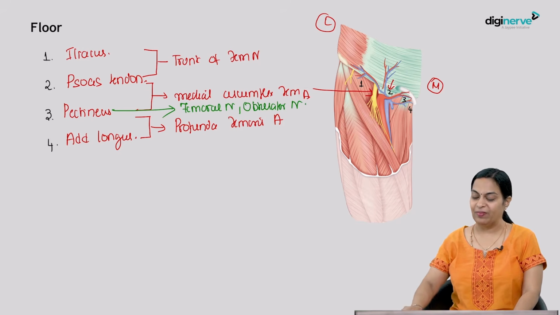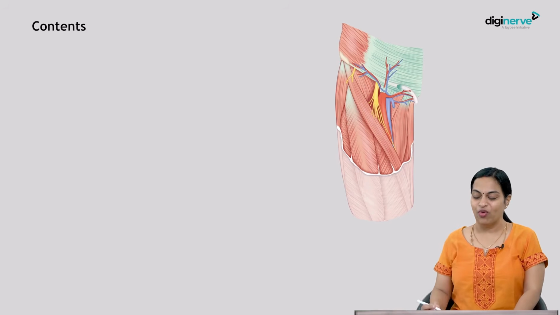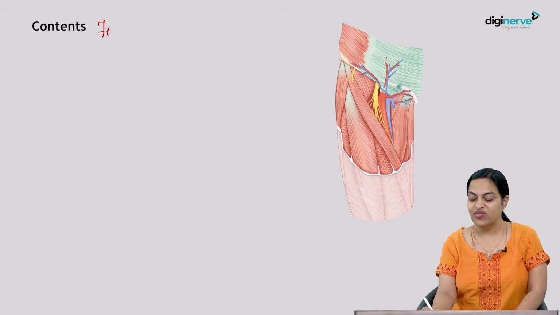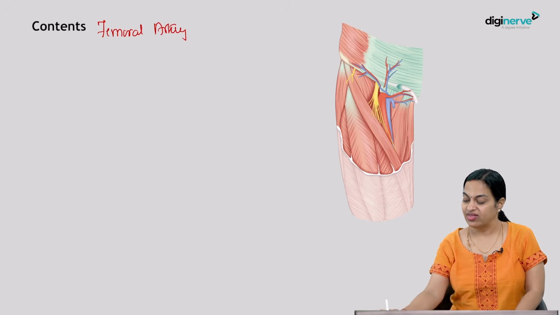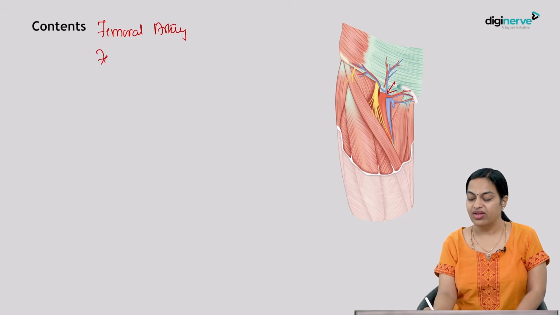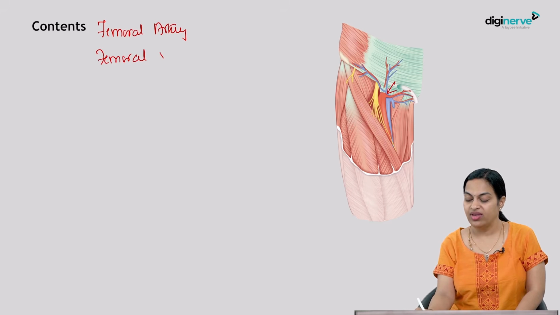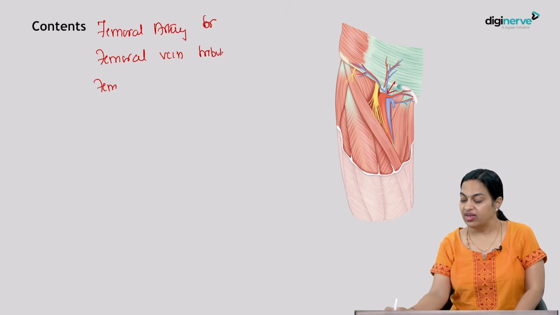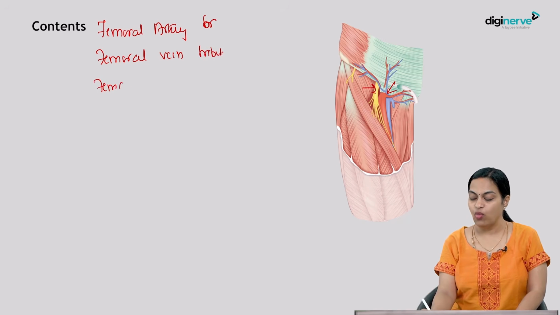Fine? Okay. What are the contents of this femoral triangle? We get to see the femoral artery here, and medial to it the femoral vein, the branches of the femoral artery, the tributaries of the femoral vein, and then lateral to the femoral artery, the femoral nerve.